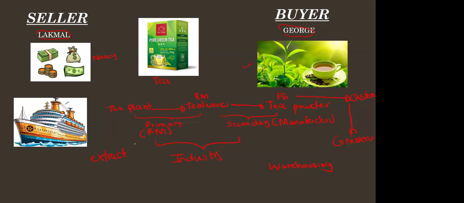converting those raw materials into finished product, within brackets, you can write secondary, is known as industries.